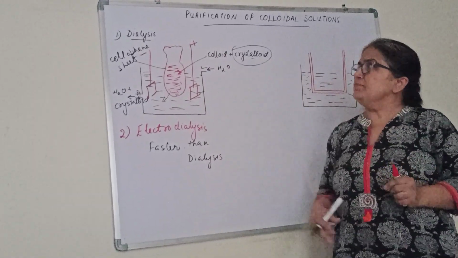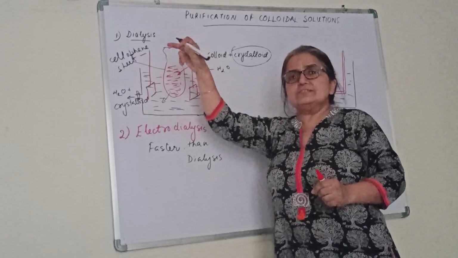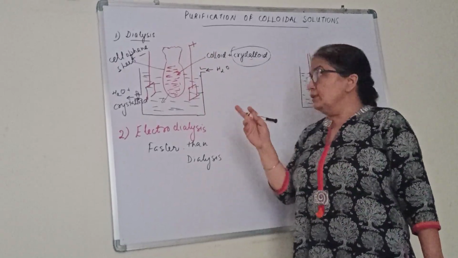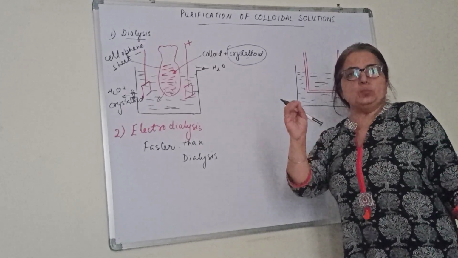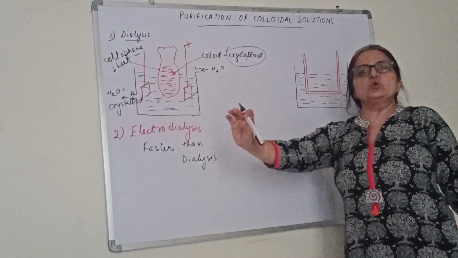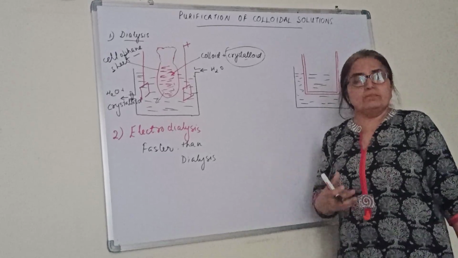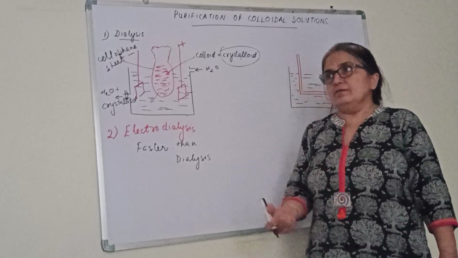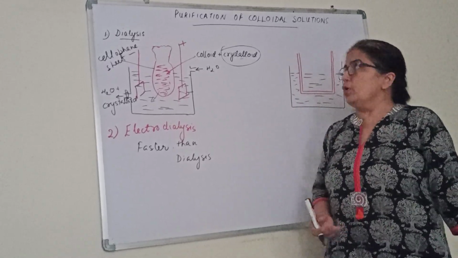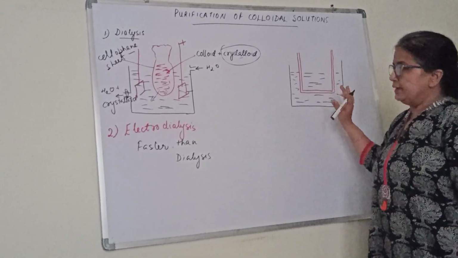Okay, you must have heard of this dialysis term in the medical field. When kidneys don't function well, then a person is put on dialysis. Basically, the function of the kidney is to purify blood. When the kidney is not able to function properly, we can explain here.